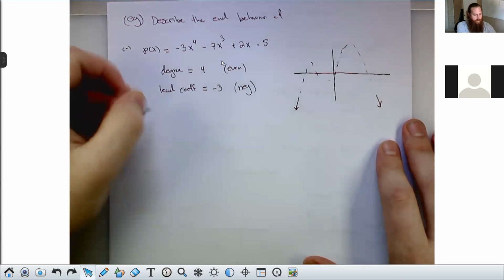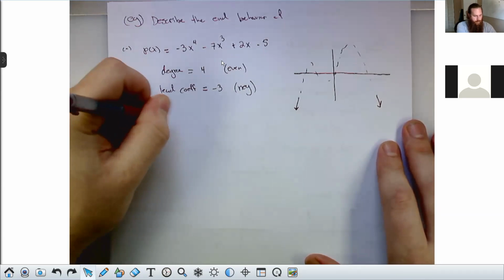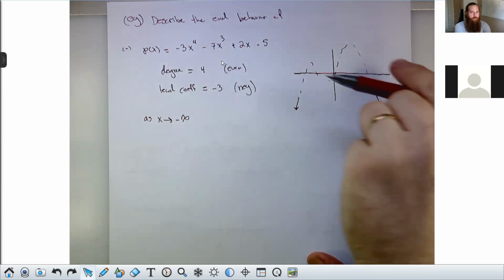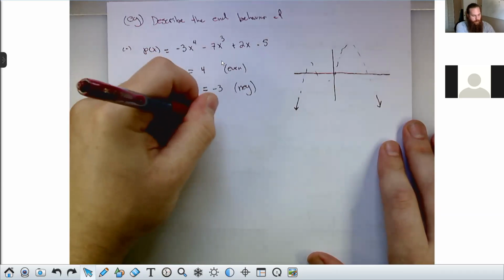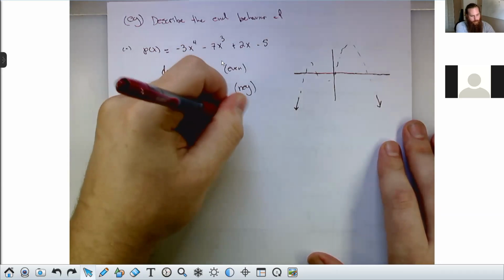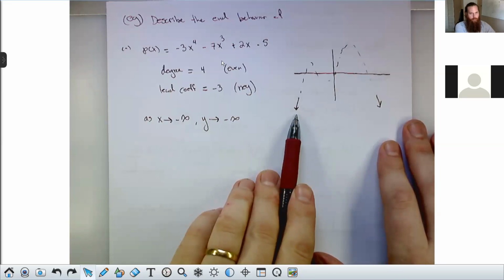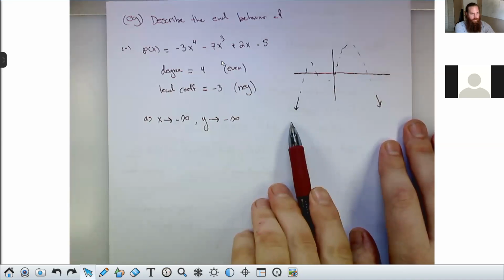So in the goes-to notation, we would say as x goes to negative infinity, as we wander very, very far in this direction, the y values go to negative infinity as well. That's describing this arrow. As we wander off to the left, eventually we go down.